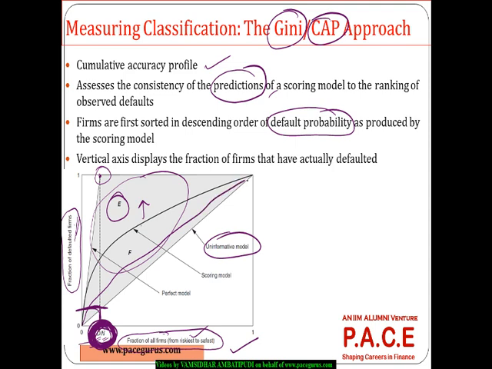If the model is coming like this, E is much higher compared to F. So the steepness of the model is typically coming down. So if I am taking F divided by E plus F, F is a very small value here, because anything above the model is E, below the model is F.